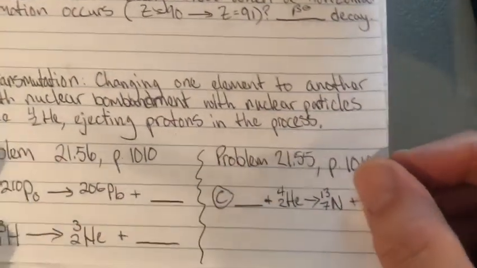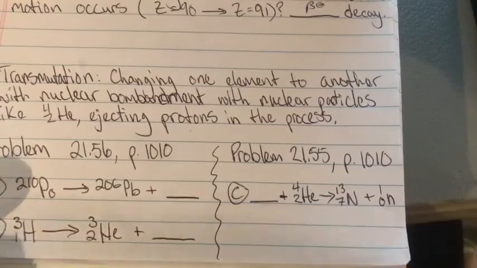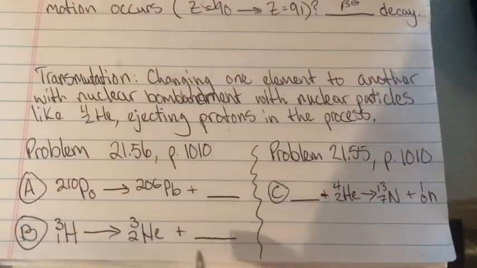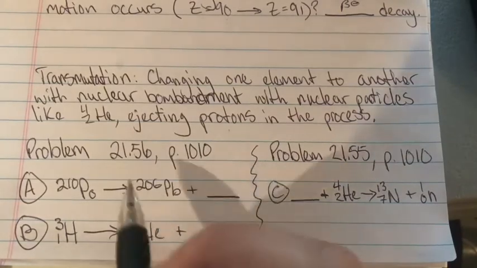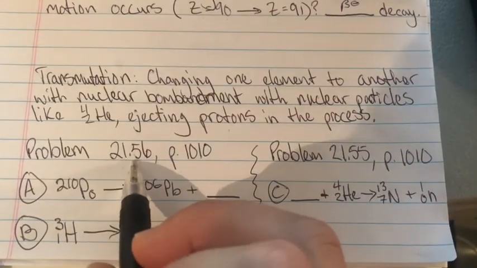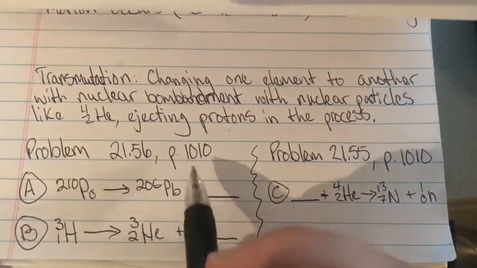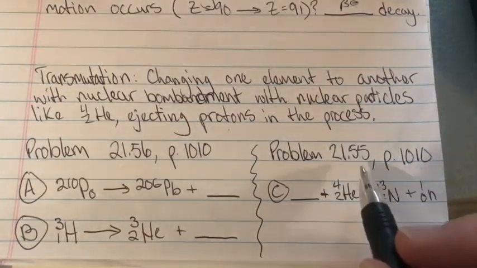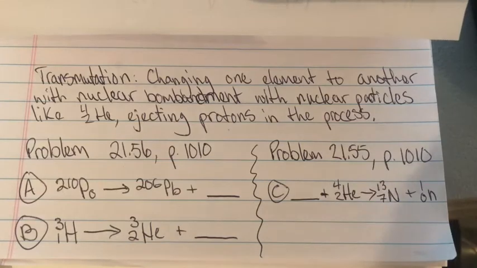So try to balance some of these nuclides and see what you come up with for your answers, what's in the blank here. If you want to take a look at the text, that's on problem 21.56 on page 1010 and 21.55 on page 1010 as well.